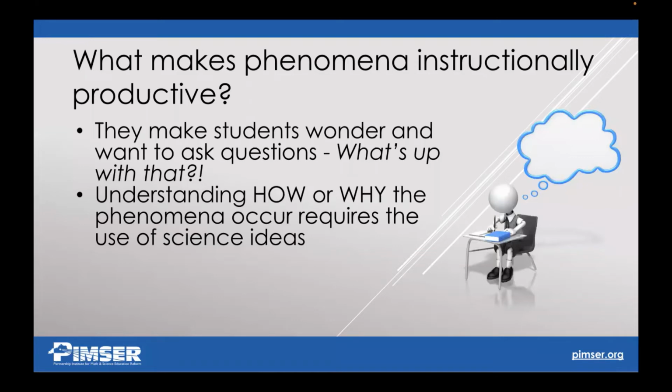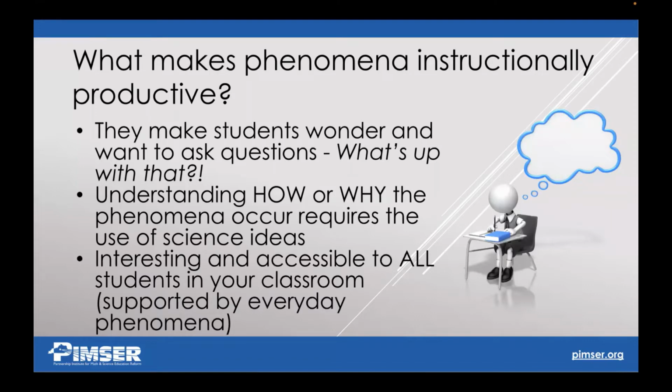Understanding how or why the phenomenon occurs requires the use of science ideas. So what are those targeted science ideas? If I'm figuring this phenomenon out, I have to come to understand those and use those to explain it. It's interesting and accessible to all students in your classroom.